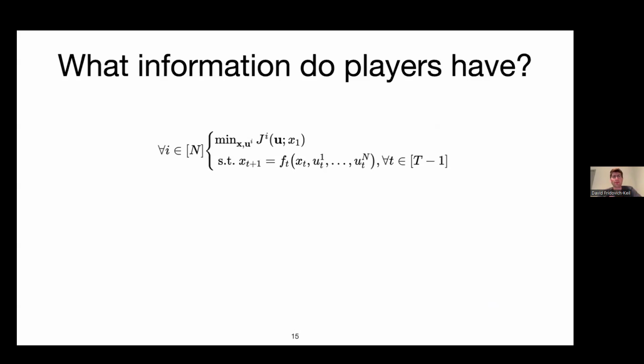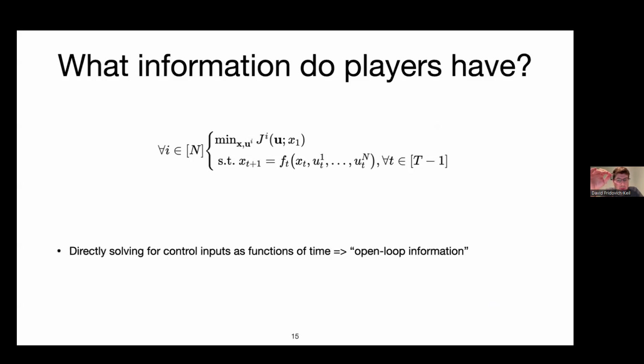Okay, I'll give a few more seconds. All right, so what information do you need? Well, basically all you need to know is what time it is in order to play that strategy. If I tell you it's time step 4, then you can index into the U vector at the 4th index and say, okay, I should be playing the 4th entry of U for player i.